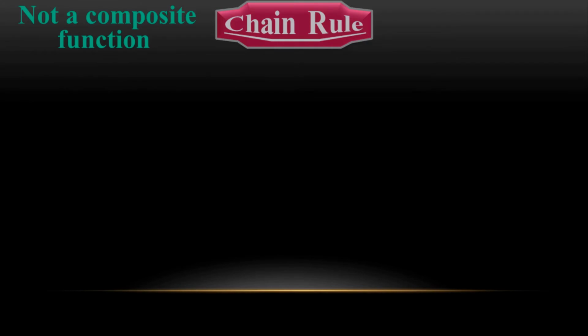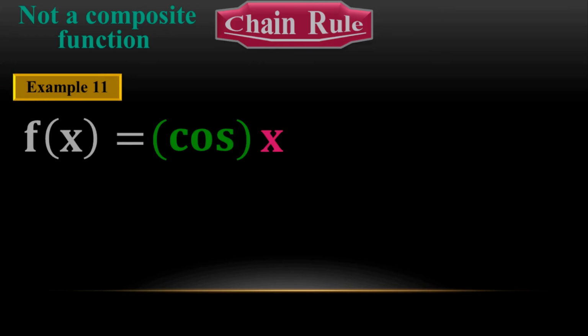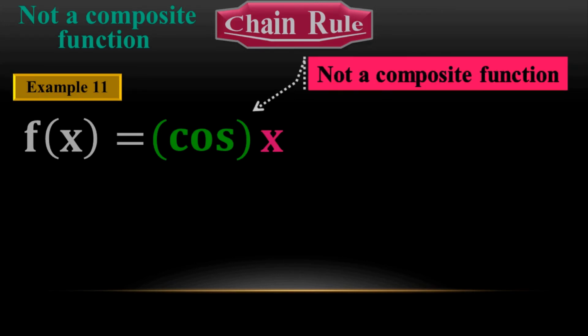One more example, example number 11. F of x equals cos 1 times x. It is not a composite function. It is different when you compare this function with cos of x. This time cos of 1 has been enclosed in the parentheses, so it behaves as a constant, and x is a variable. Last time we had cos of x, where x was enclosed in the parentheses.